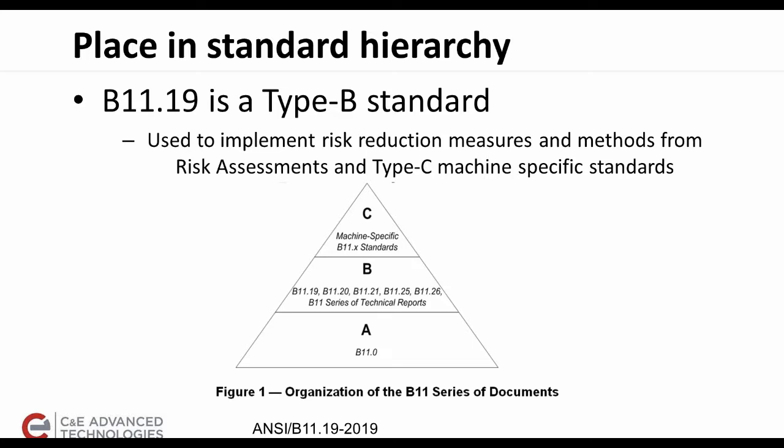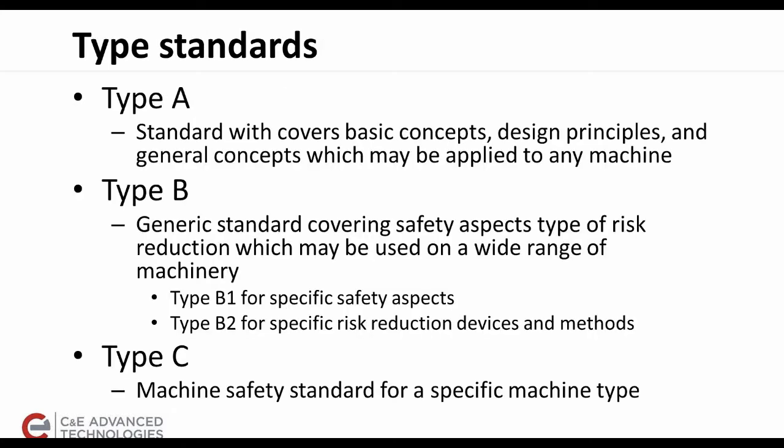There are A, B, and C type standards. They build on each other. The A type standard is a very generic concept type of standard, talks about how to design a machine safely, risk assessments, risks, hazards, and so on. A type B is a generic standard which covers multiple risk reduction methods, which can be used over a wide variety of machinery.